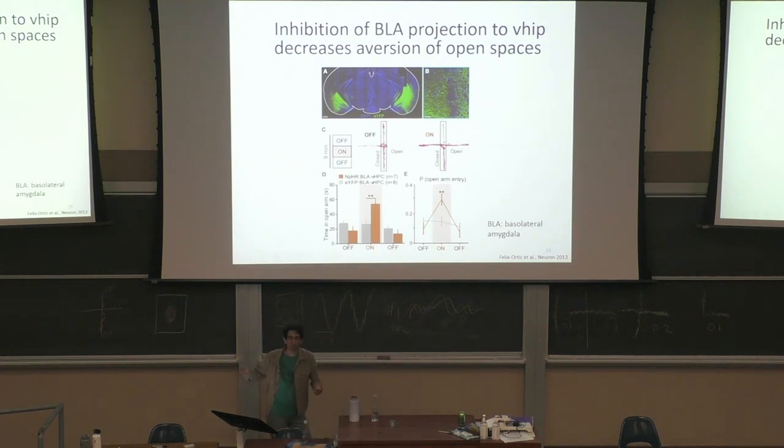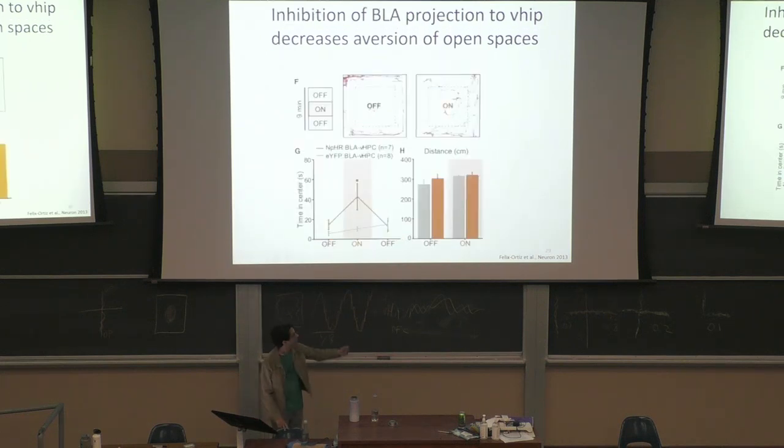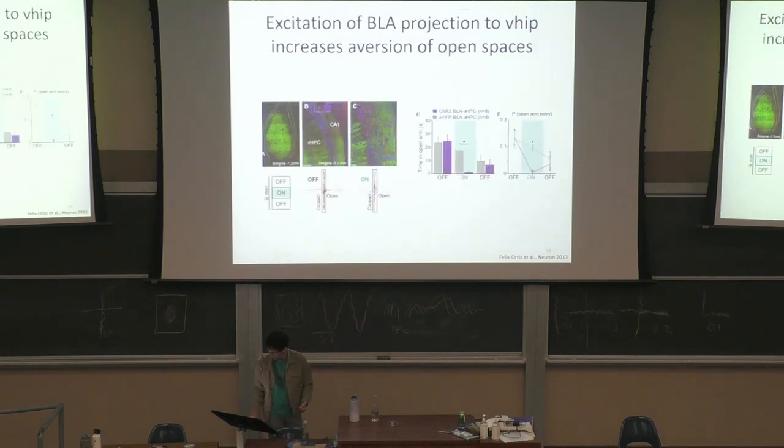So both if you inhibit this projection to the ventral hippocampus, or if you inhibit the projection from ventral hippocampus to prefrontal cortex, both seem to decrease avoidance of these open spaces. That was seen both in the plus maze and in the open field. So again, good converging evidence in two different behavioral measures.